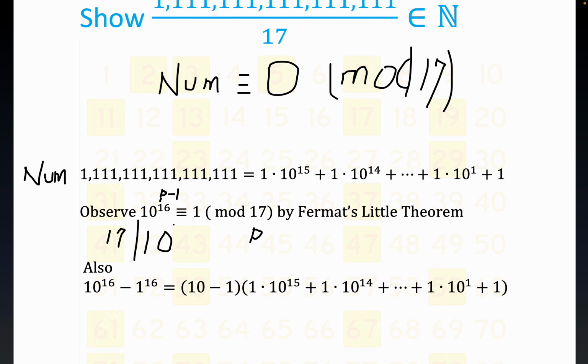And we're almost done with this already. Fermat's little theorem is powerful. It guarantees that 17 is a divisor of 10 to the 16th minus 1. Another way of saying that is 10 to the 16th minus 1 is equal to some multiple of 17.